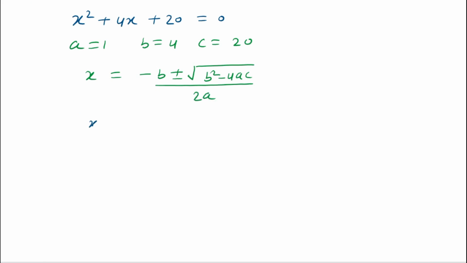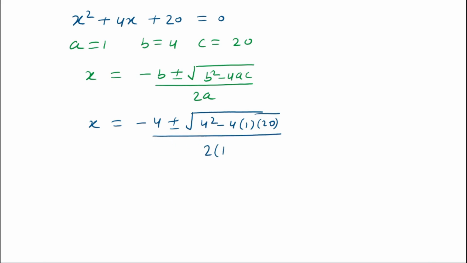Then x is equal to minus 4 plus minus square root of 4 square minus 4 times 1 times 20, divided by 2 times 1. Then x is equal to minus 4 plus minus square root of 4 square is 16 minus 4 times 20 is 80, divided by 2.